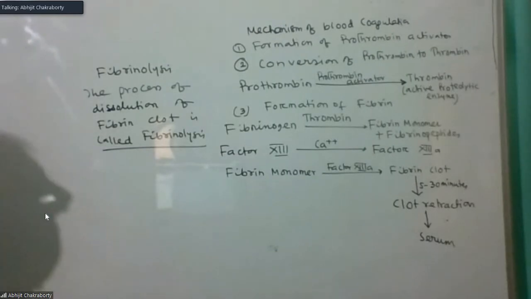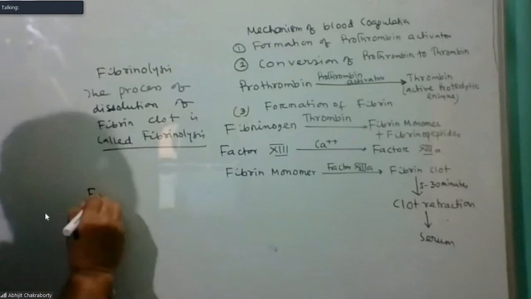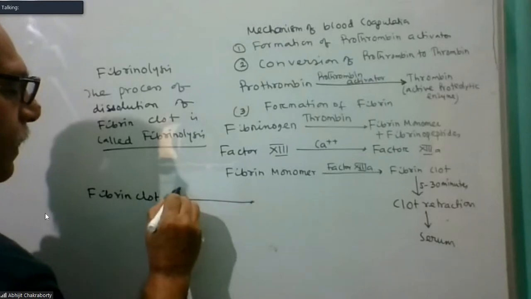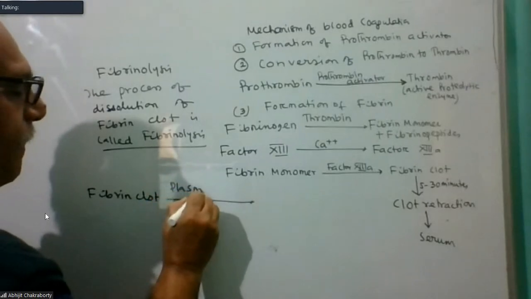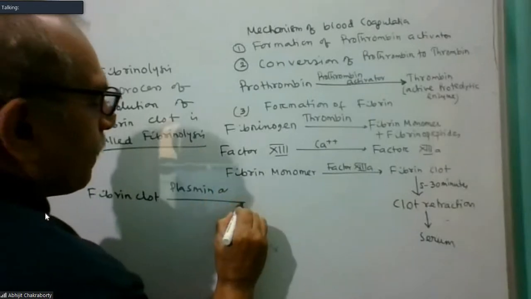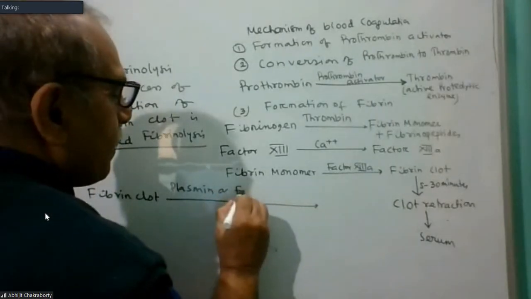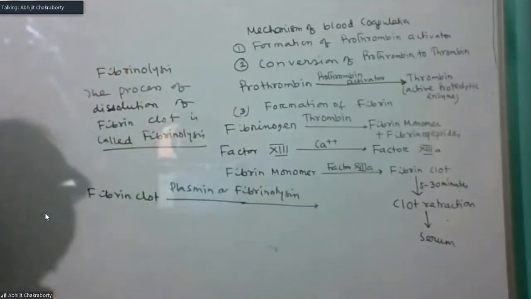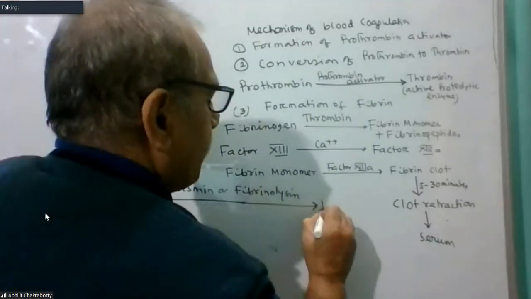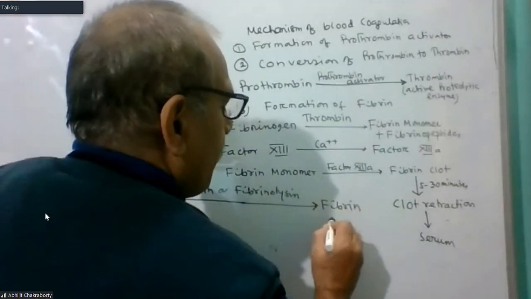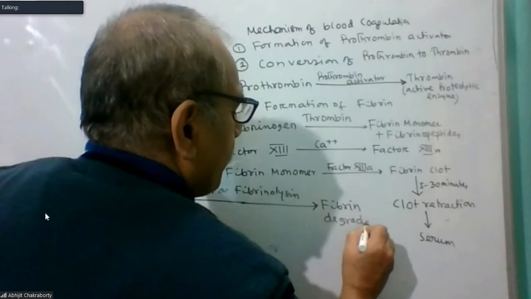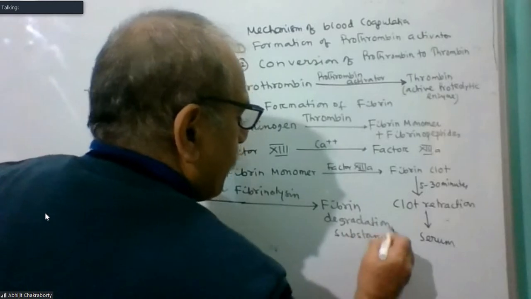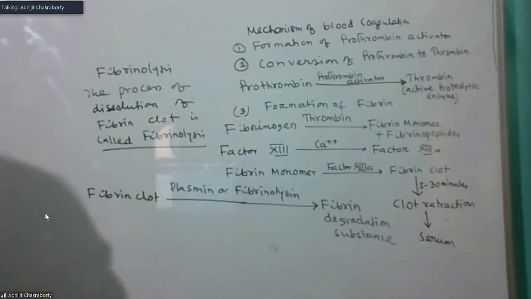And how does it occur? Plasmin or fibrinolysin forms fibrin degradation substance.